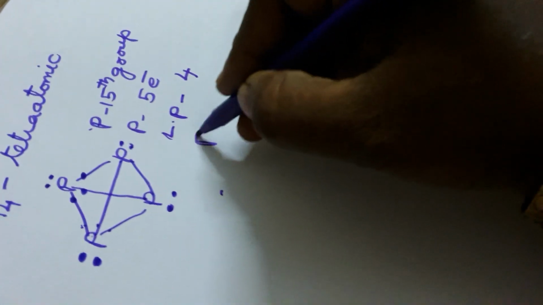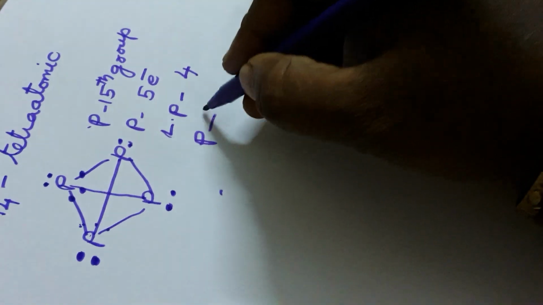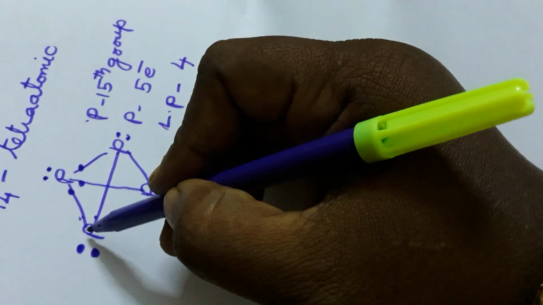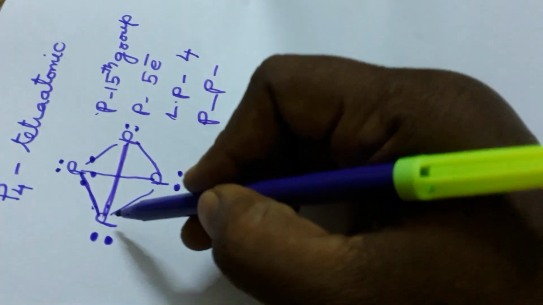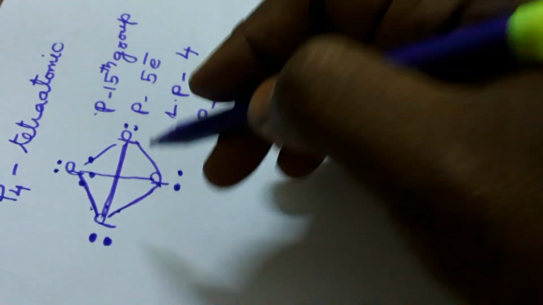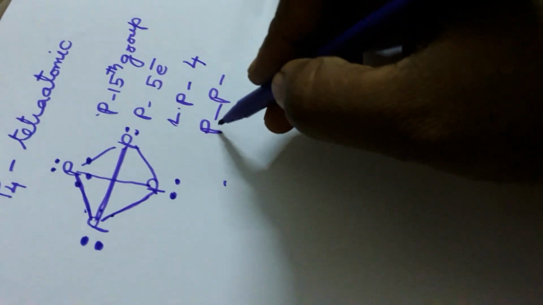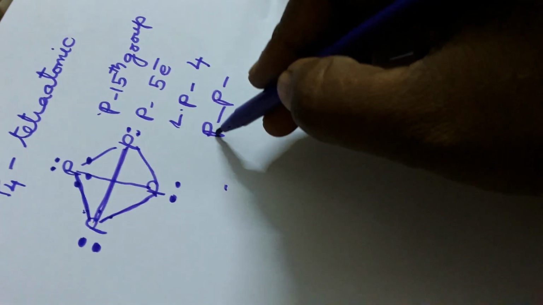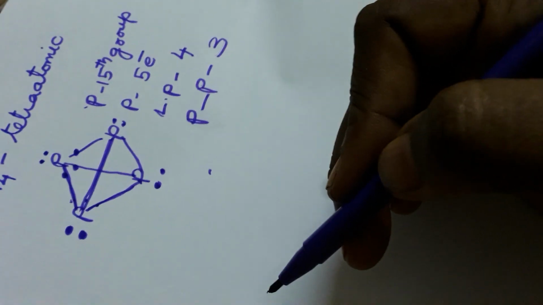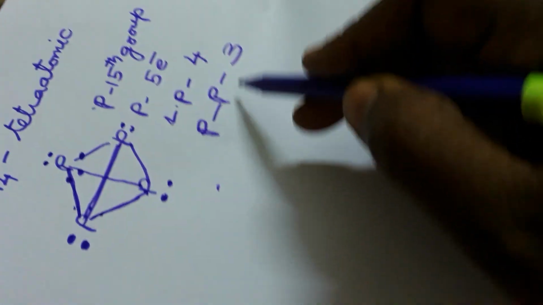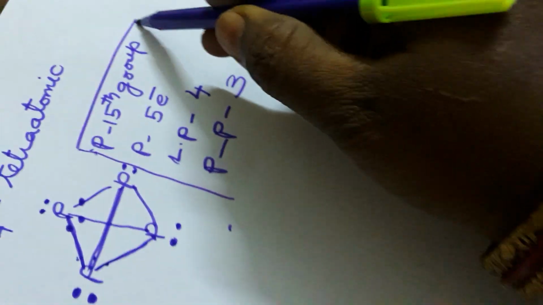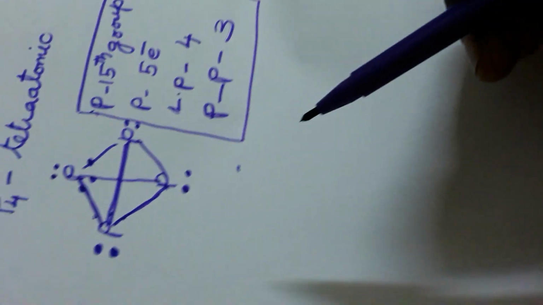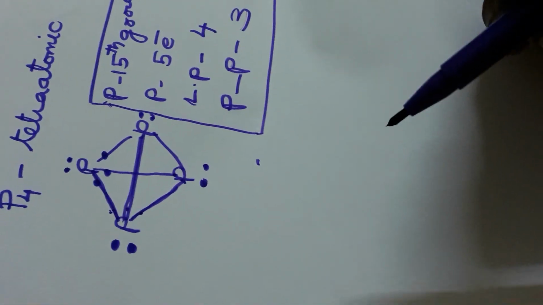And the number of P-P bonds: let us take one phosphorus atom and count here one bond, here one P-P bond, here one P-P bond. So each phosphorus is connected to 3 other phosphorus atoms. So the P-P bond count for each phosphorus is 3. These are very important data for phosphorus P4, which exists as a tetraatomic molecule.